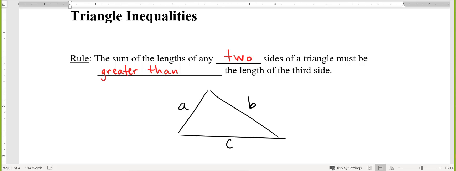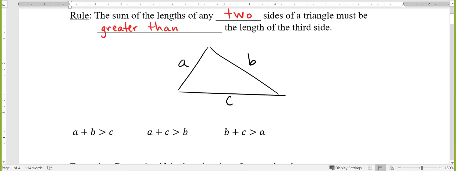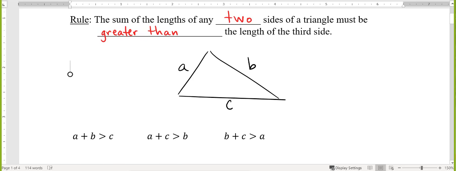I drew a little triangle here and labeled each side: side A, side B, and side C. The three inequalities you get: A plus B has to be bigger than side C. A plus C has to be bigger than the length of side B. And B plus C has to be bigger than the length of side A. So let's do some examples.